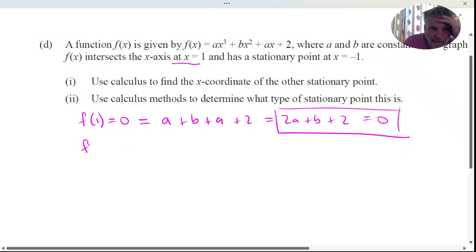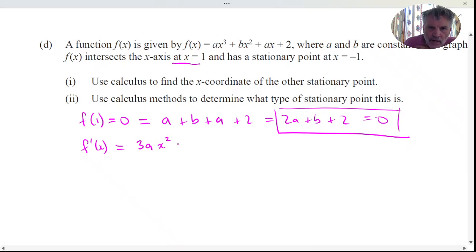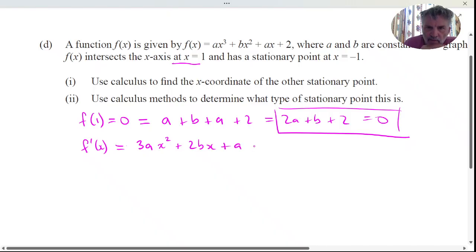The derivative will tell us where the stationary points are: 3a x squared plus 2b x plus a, and the constant vanishes.